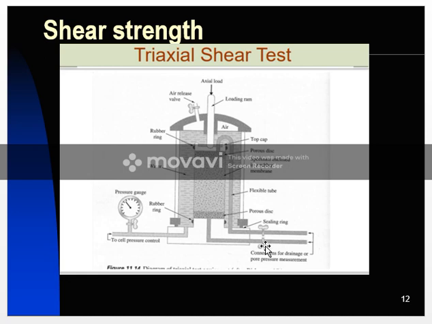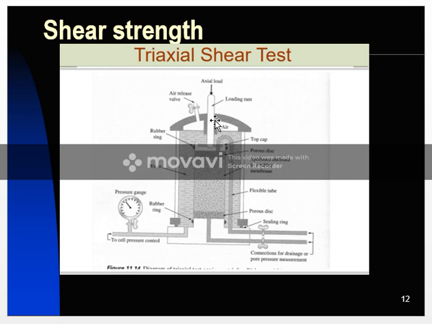If we lock the system and then apply the force, it is the undrained condition. Due to the external water pressure, the soil mass will fail in some cases. At that point, with the help of the cell pressure, we find the shear strength using Mohr circle theory.